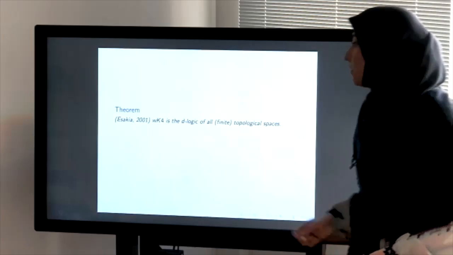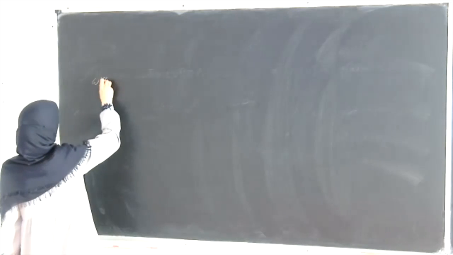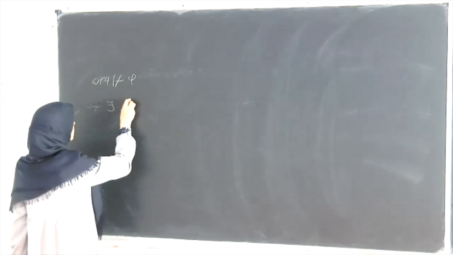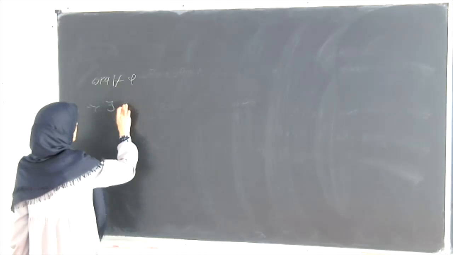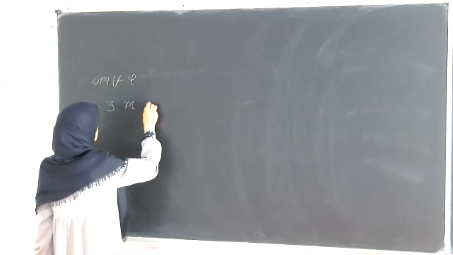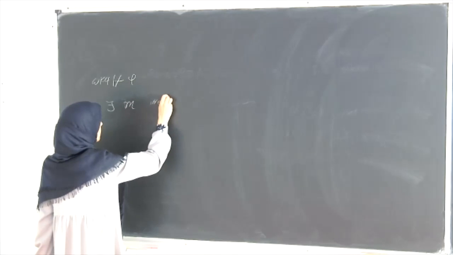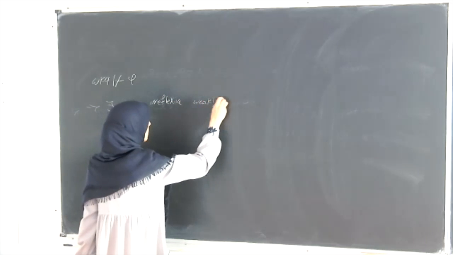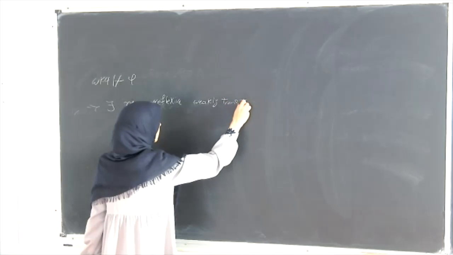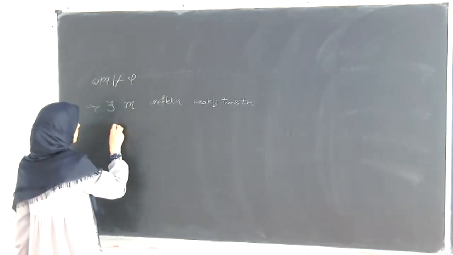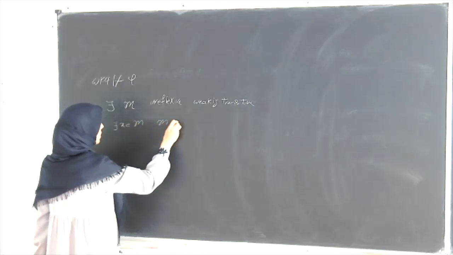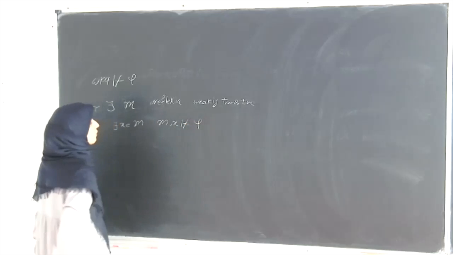In this case, if phi is not a theorem of WK4, then there exists a frame F or a model M which is an irreflexive weakly transitive model, and there exists some point X in M such that M, X does not satisfy phi.